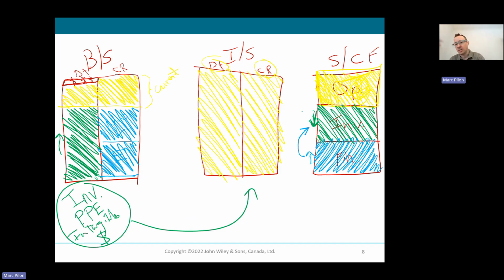Now, if I happen to sell investments, okay, normally that's a company that is de-investing or declining, and they would be selling investments, gaining cash from that to repay any finance like long-term debt or share repurchase. And that would be part of financing activities, but it'd be a negative because we're paying back.